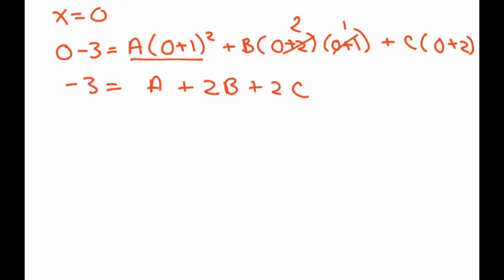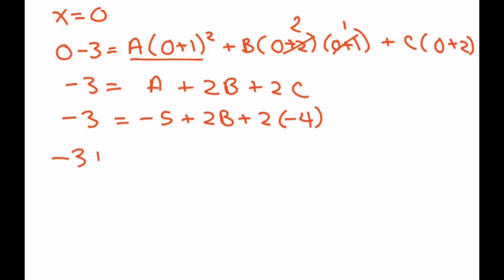Now, I'm going to go ahead and solve for B by plugging in my A. My A was negative 5. And my C was negative 4. So we have negative 3 plus 5 plus 8 equals 2B.